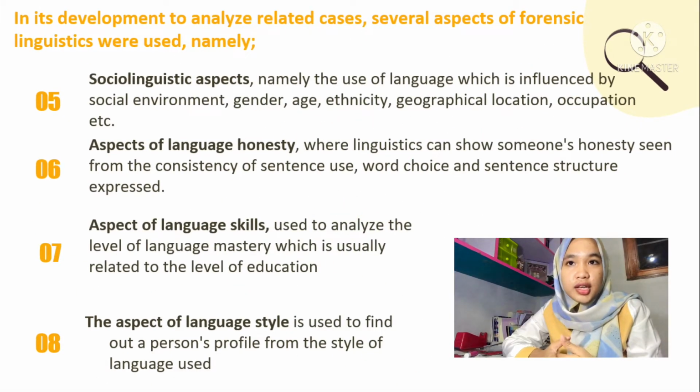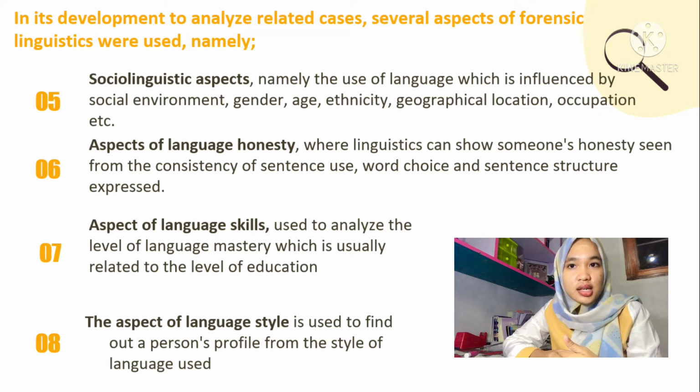The fifth is the sociolinguistic aspect, namely the use of linguistics which is influenced by social environment, gender, age, ethnicity, geographical location, and occupation. The sixth is the aspect of linguistic honesty, where linguistics can show someone's honesty seen from the consistency of sentence use, word choice, and sentence structure expressed.